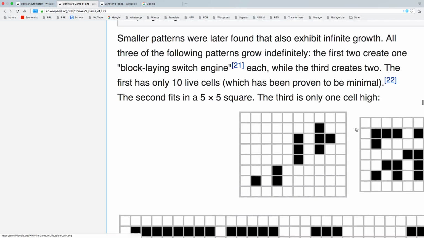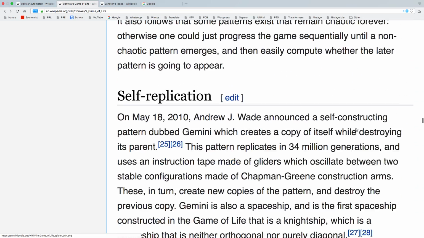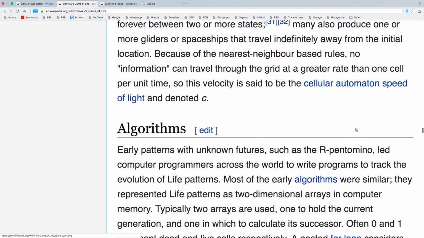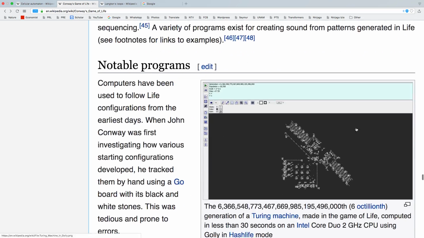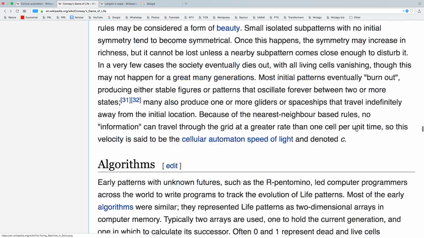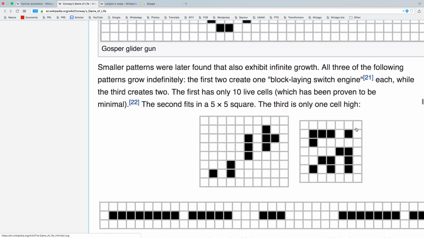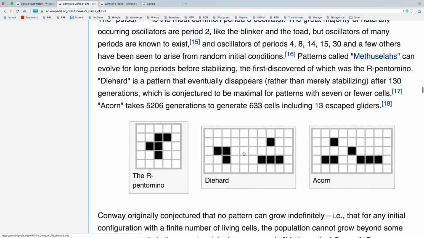Okay? And people really went crazy with this. I think there was something called Die Hard. What does it mean? It means that if you start with this structure, it dies really hard. It takes like 1,000 steps for it to come to an end.